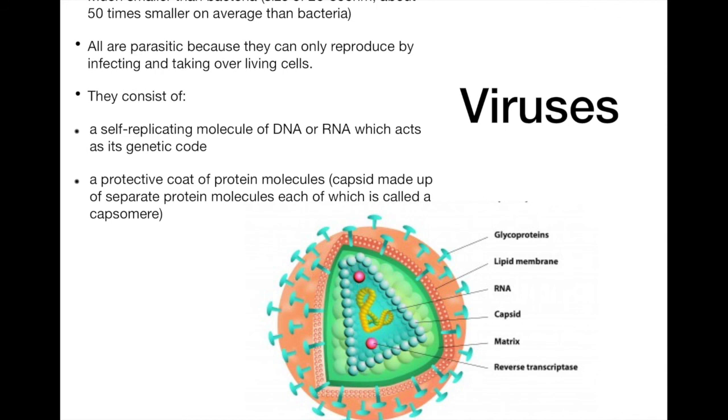Now, you see, it has a very symmetrical shape. Its protein coat, or as it's called, capsid, is made up of separate protein molecules, each of which is called a capsomere.